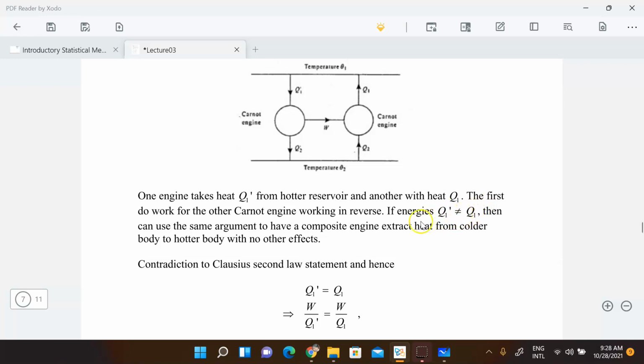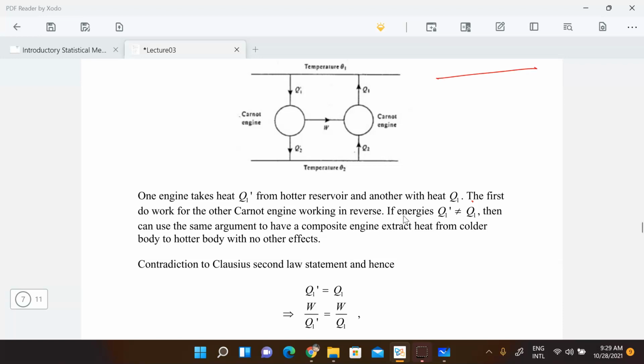Then you will be able to get this process again of transferring heat from a colder body to a hotter body, so again we cannot have that. I don't make any differentiation between the two; I can have this picture in reverse instead.